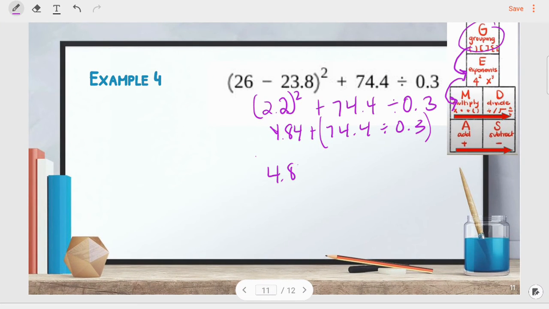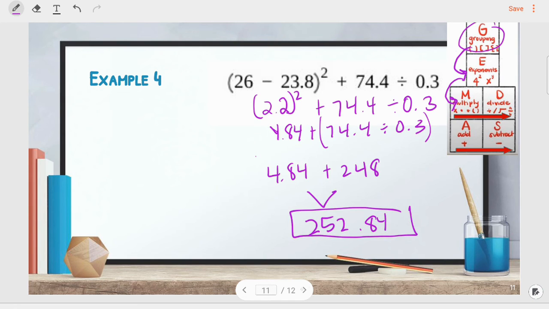So 4.84 plus 248. And when I get my calculator and add those together, I get 252.84. And that is my final answer.